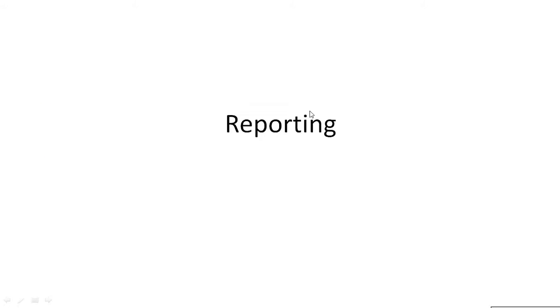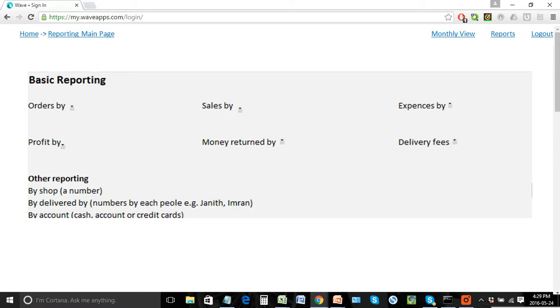Let me tell you quickly about reporting. If you think it's too hard to make, we can just leave that report part. However, if you can make it, that's great. It's like basic reporting, like orders by, and when you click on this, there's a drop down menu.